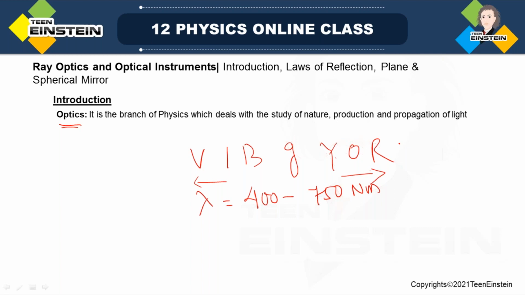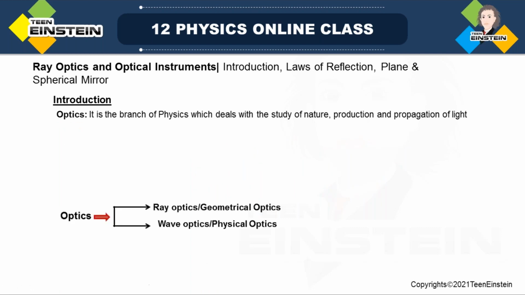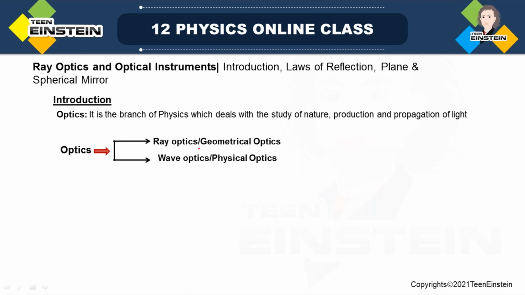And in this optics, actually there are two sub branches. One is called ray optics or geometrical optics, which is the subject matter of this chapter, ray optics and optical instruments. And another branch is called physical optics or wave optics.